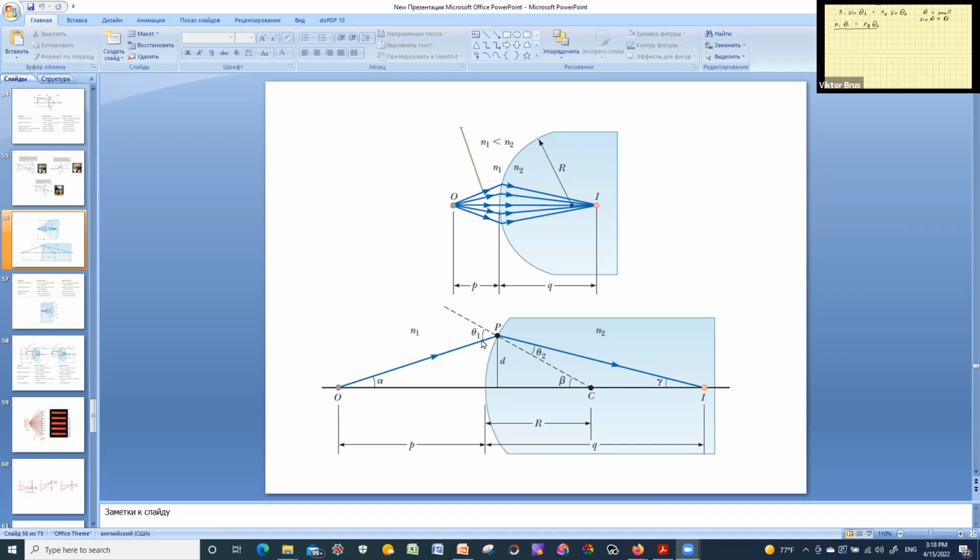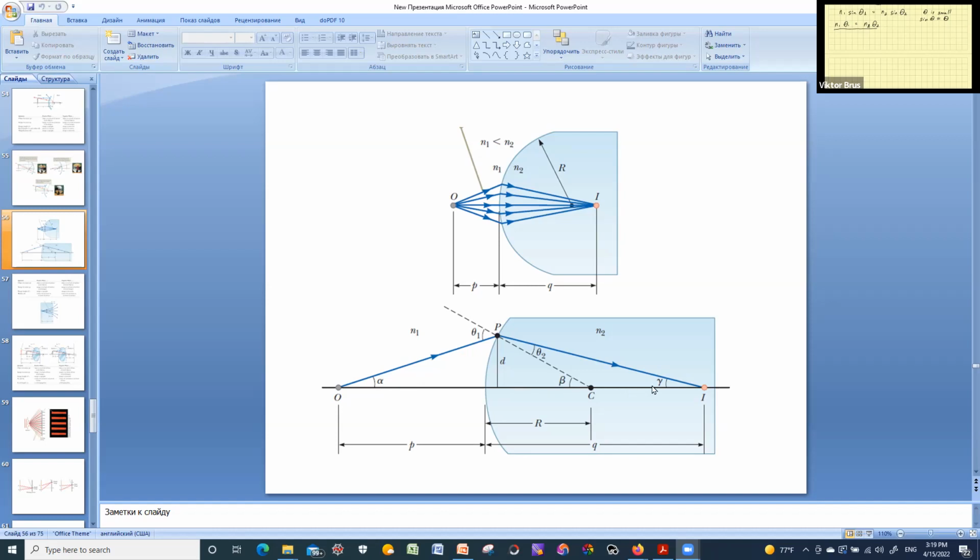Let us express these angles theta 1 and theta 2 in terms of angles alpha, beta, and gamma, which are formed between the principal optical axis and the incident ray, the refracted ray, and this normal, which goes to the point on the surface where the incident ray hits this interface.